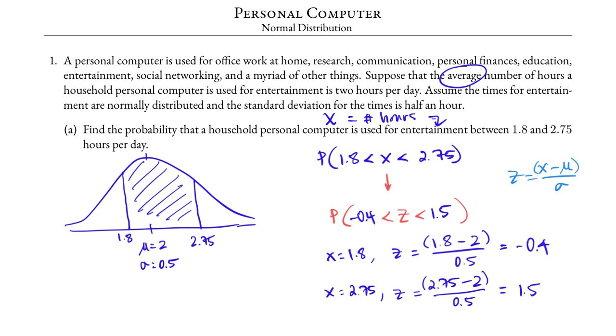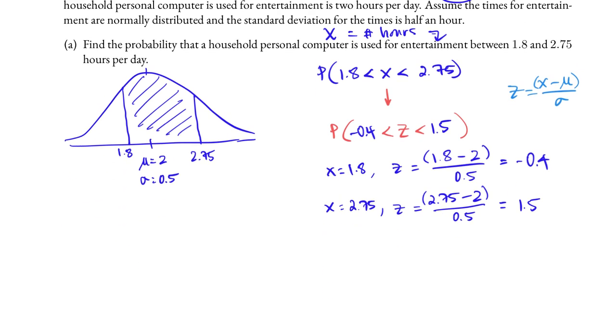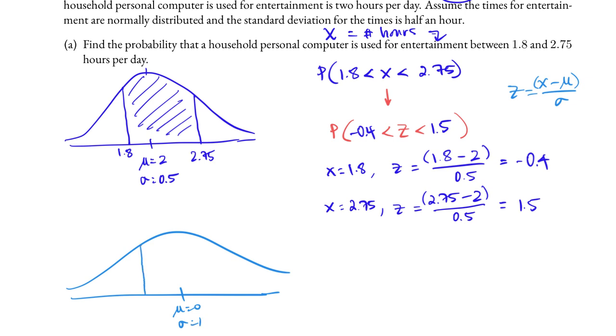But again, we cannot use the table because this is not a standard normal distribution. But after we standardize this, we now have mu 0, sigma 1 with the two corresponding z-scores, negative 0.4 and 1.5, not drawn to scale.